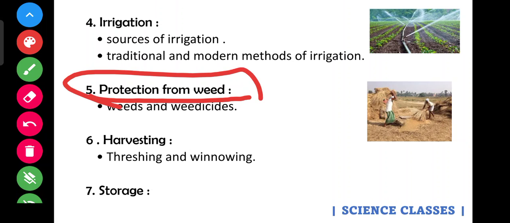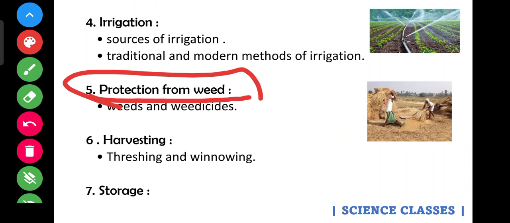Now, what is a weed? The definition is: in a field, many other undesirable plants may grow naturally along with the crops. As I told you, we need our chosen crop to be grown.